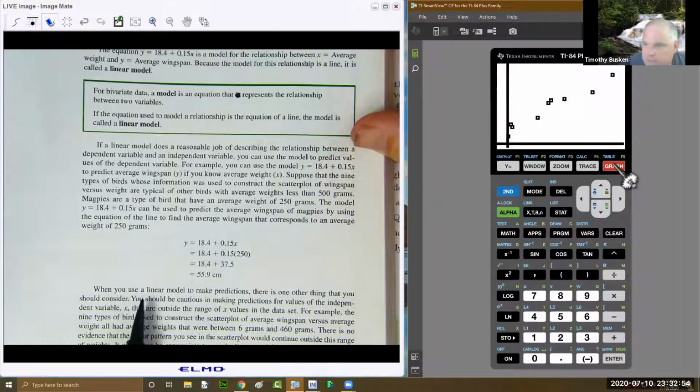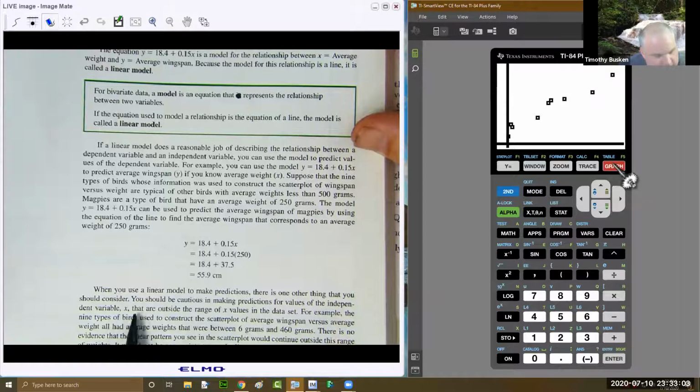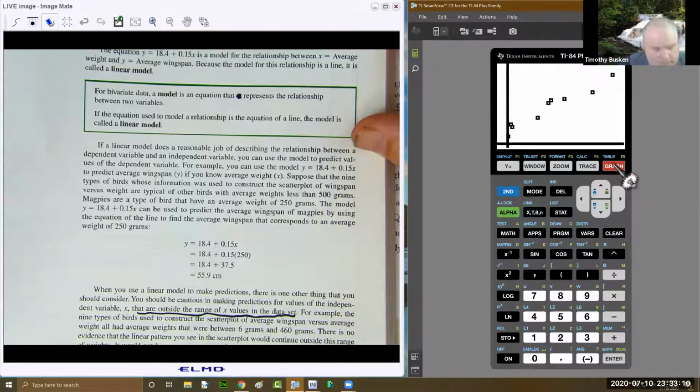Whenever you use linear models to make predictions, there is one thing that you need to consider. You should be cautious about making predictions for values of X that are outside of the range of the X values of the data set. This is called extrapolating. Do not extrapolate.